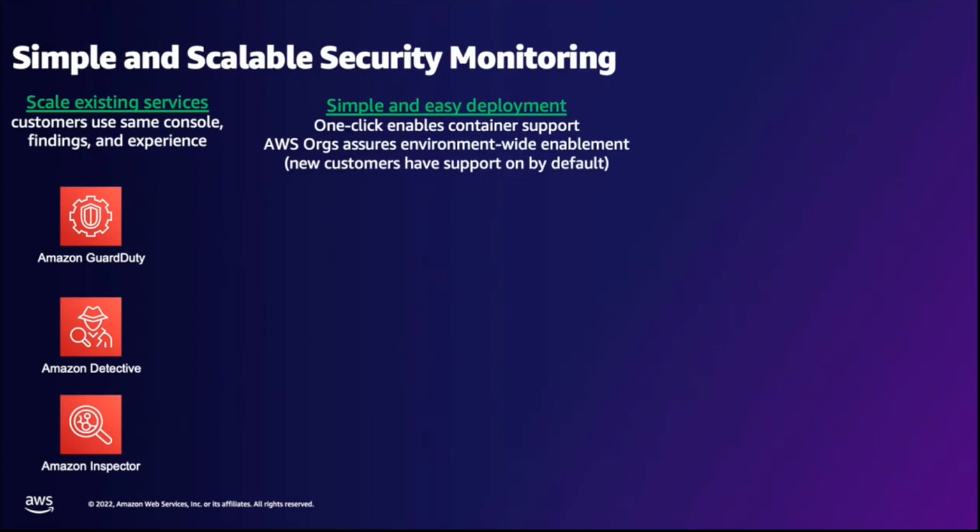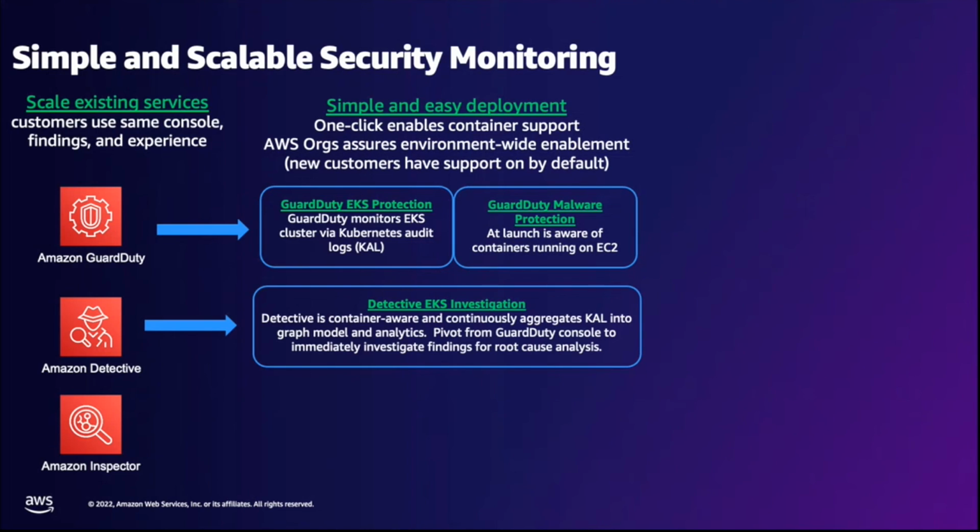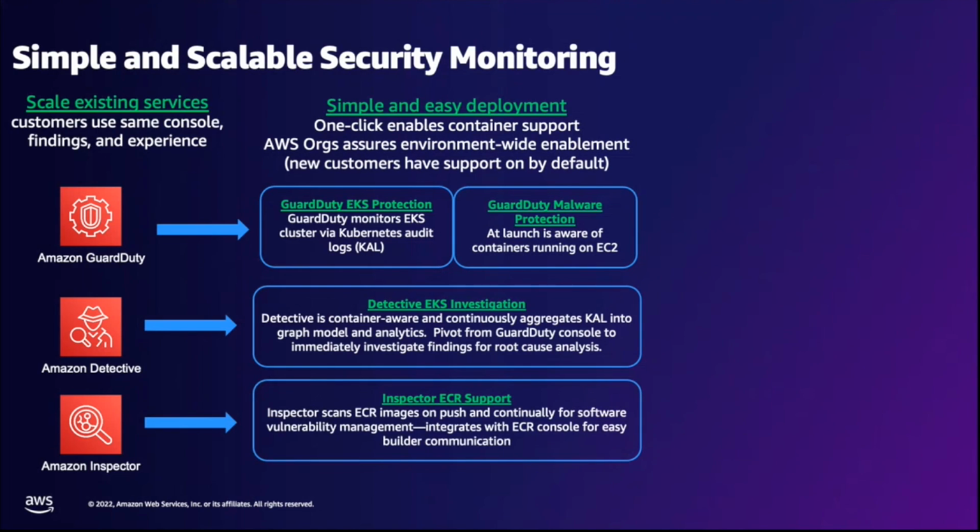But if you wanted to combine all the things into a single diagram, you're going to find that we have Amazon Detective, Amazon Inspector, and Amazon GuardDuty, and there are some functionalities out of the box to provide a single view. So the EKS protection within GuardDuty, malware protection as well for EC2 and EKS.